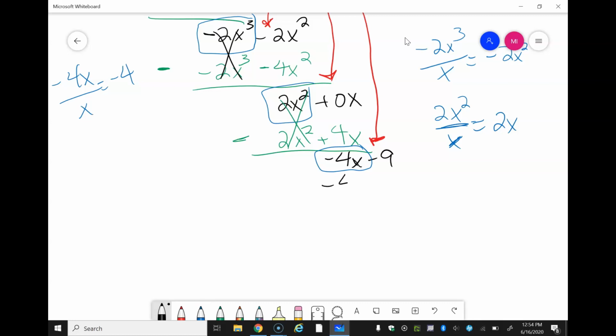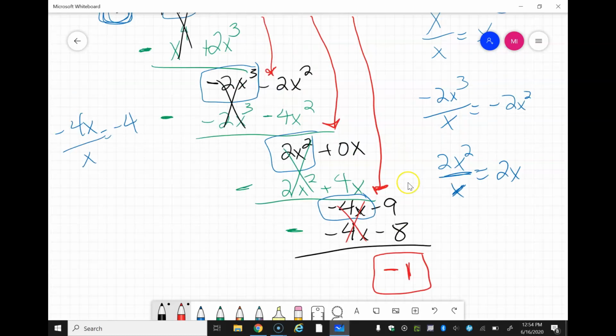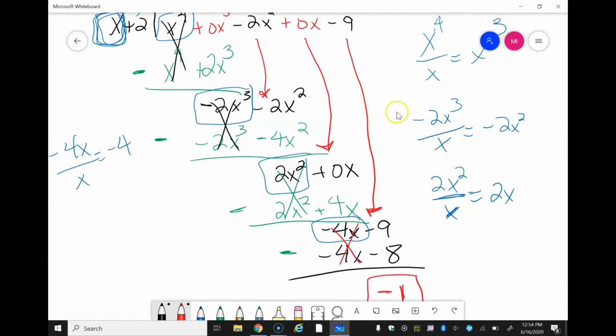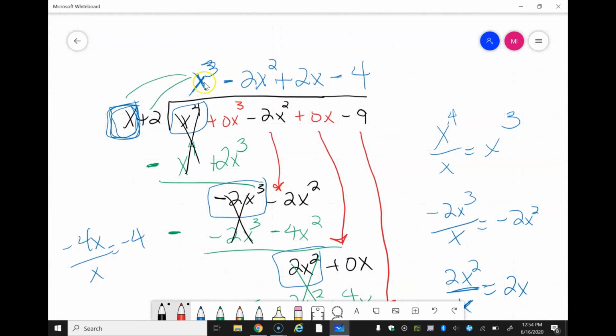It's going to give us a minus 4x minus 8. We subtract them. We notice that again, these cancel out. So this here will leave us with a minus 1 as a remainder. So we have minus 1 as a remainder. We have x to the third minus 2x plus 2x minus 4.